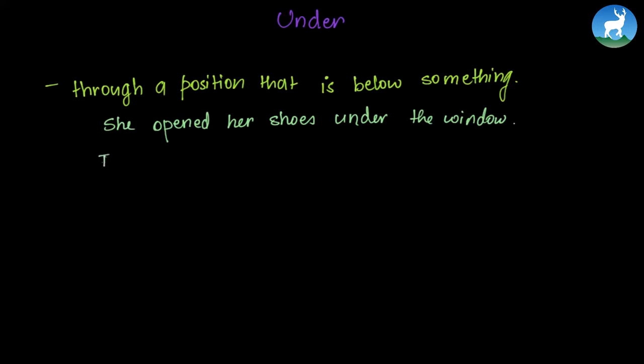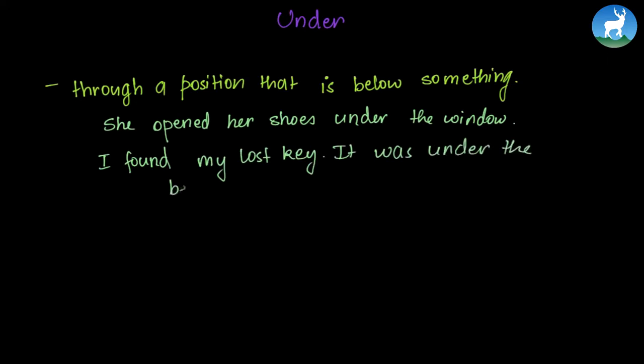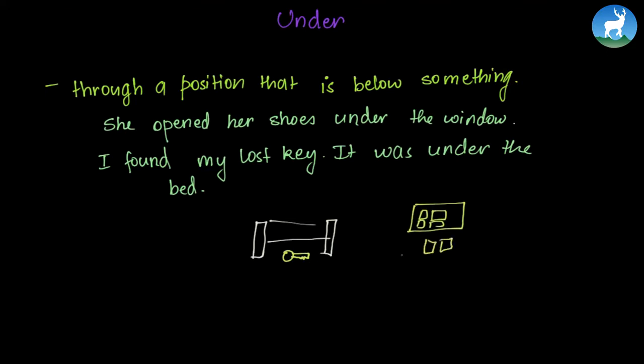Or you can also say, I found my lost key. It was under the bed. If this is a bed, the key was under the bed. Or if this is a window, the shoes were under the window.